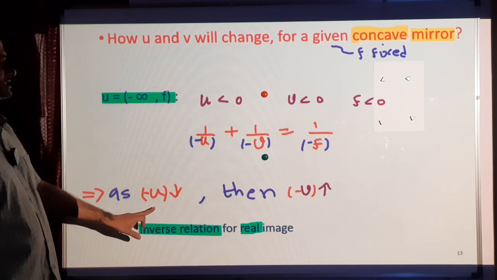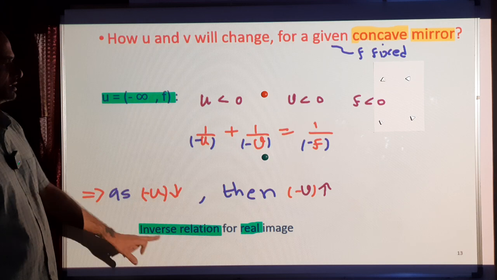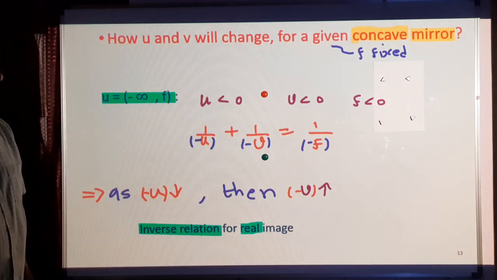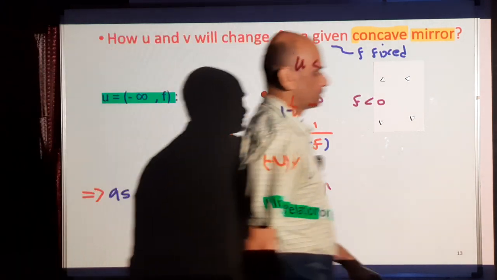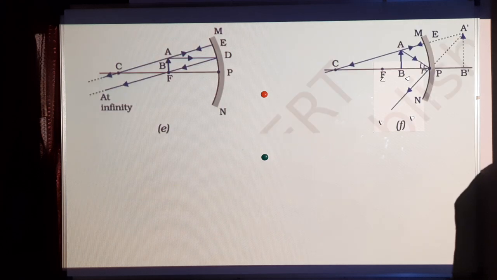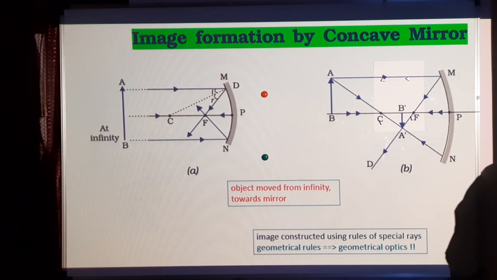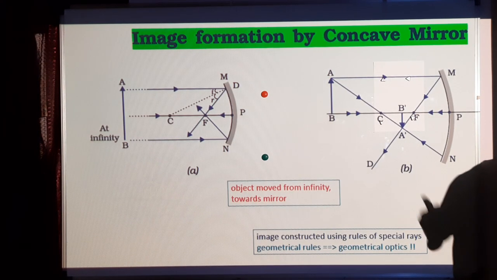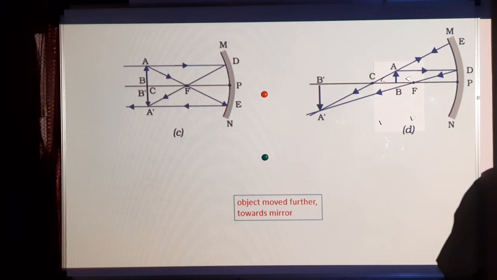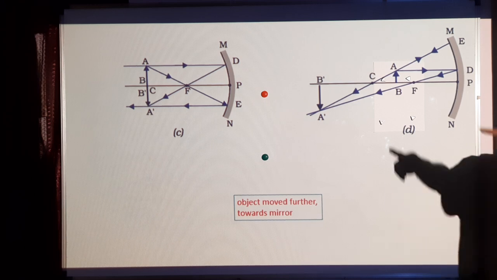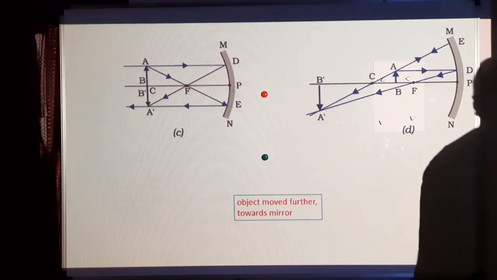So when the object distance is decreasing, as the object is moving towards the mirror, the image is moving away. That's what we saw in the first 4 cases. The object is moving from infinity to nearby, and the image is moving from the focal point outside. With still further movement inside, they both meet at C. And after meeting at C, the object is moving between C and F, and the image is moving out to A prime.